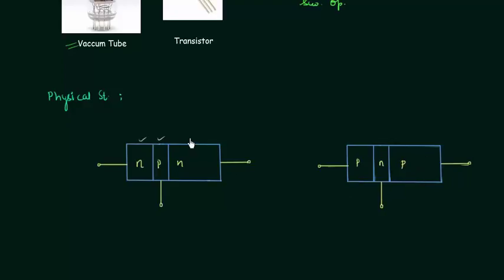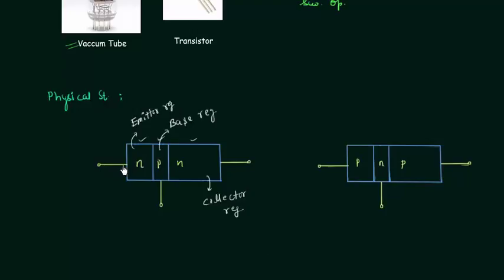There are 3 regions in transistor. The largest region is called as collector region. The smallest region is called as base region. And this region here is called as emitter region.